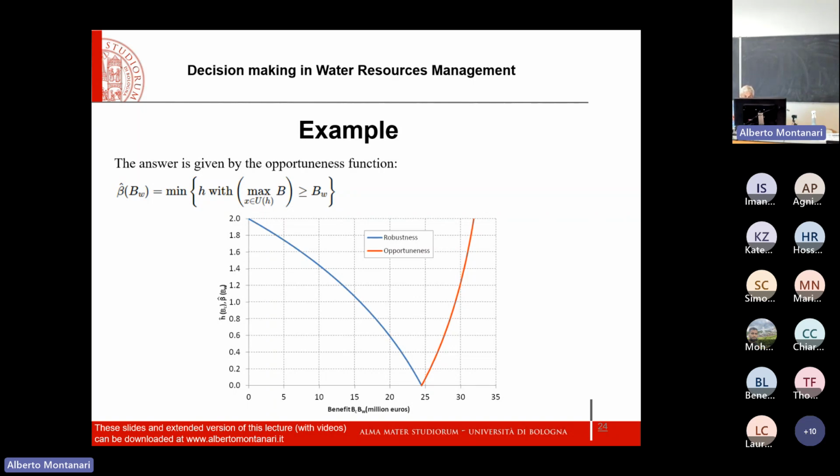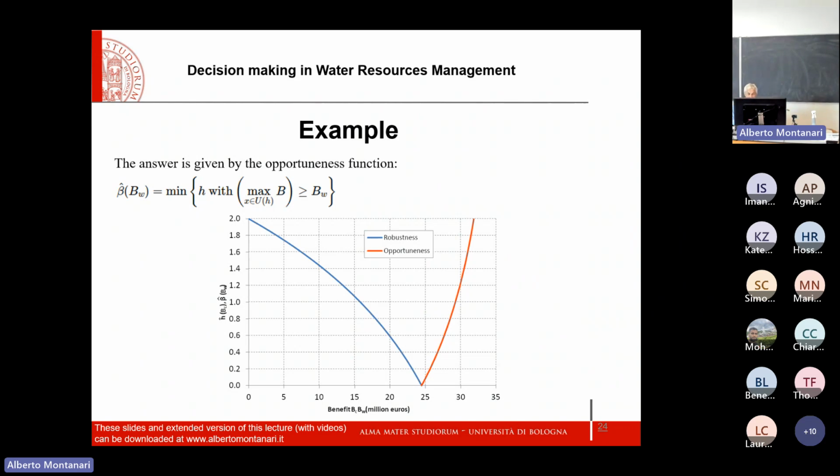Now, you see that this combination of robustness and opportuneness is a powerful support in decision making, because I may look at the robustness curve to identify what's the max level of uncertainty that I can tolerate. So for instance, let's suppose that BC is 20. Look at the blue curve. BC is the critical benefit, and I don't want to take the risk that my benefit is lower than 20.